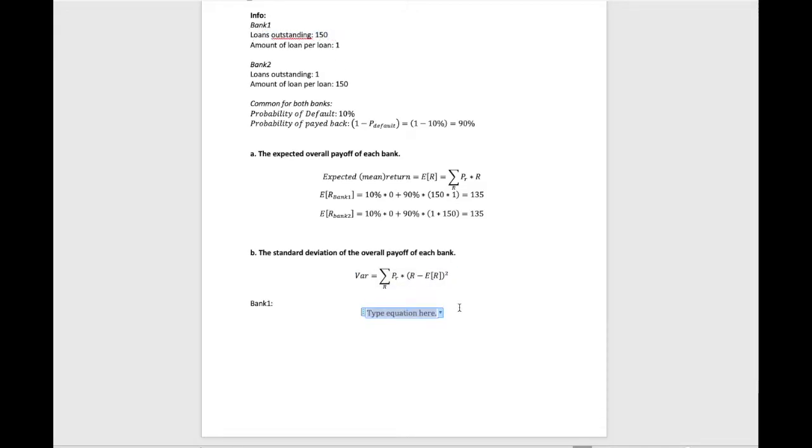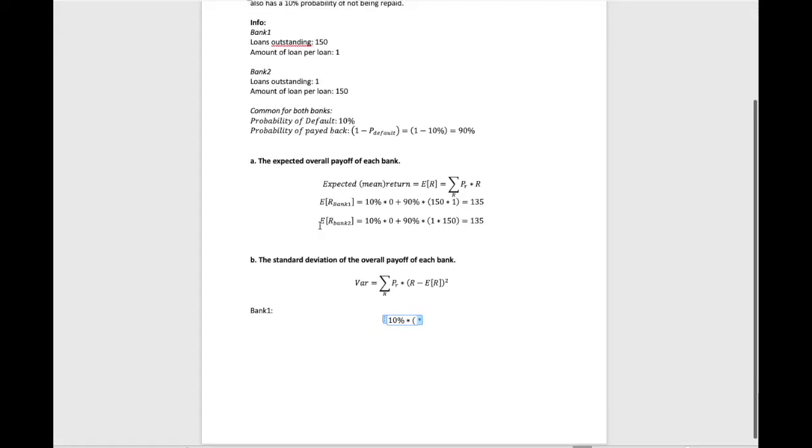For one loan it would be 10% of default, 0 minus, and this is important because there are 150 loans, we know that 135 divided by the 150 would be the average for one loan, plus 90% times, and we do the same here.